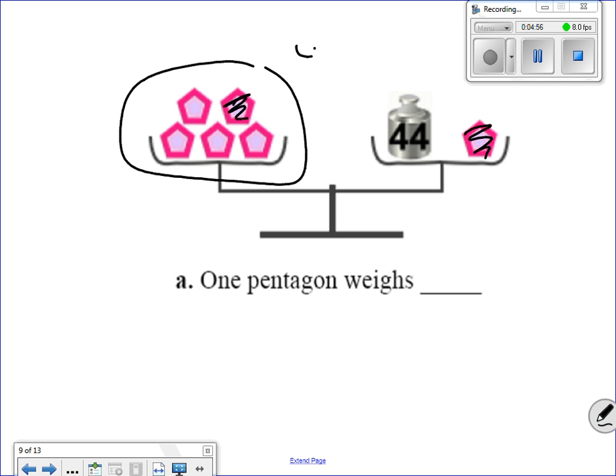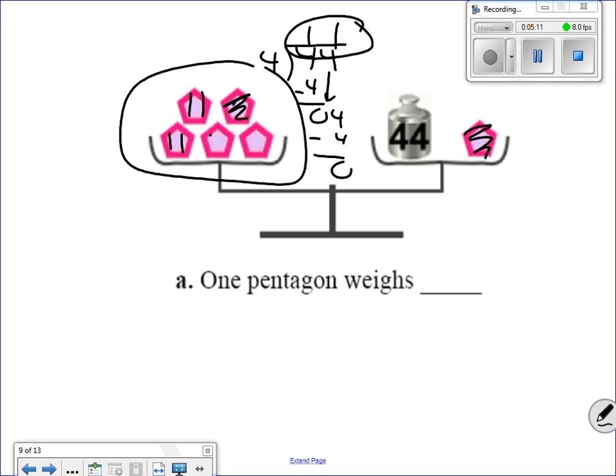So then I have to divide 44 by 4, because I want to know what each pentagon weighs. 4 goes into 4 once, 4, subtract 0, bring down the 4. 4 goes into 4 one time, 4 times 1 is 4, subtract 0. My answer is 11. Each one of these weighs the same as 11. One pentagon weighs 11 grams.